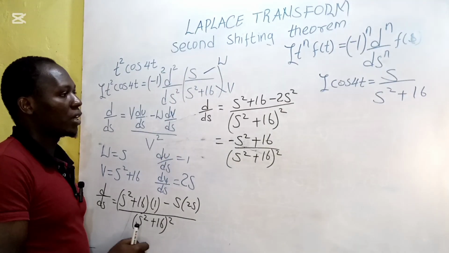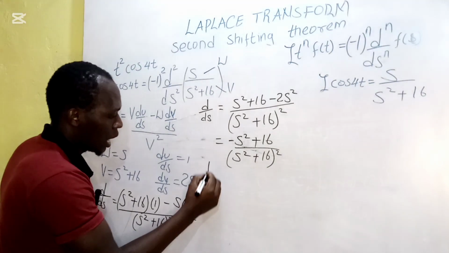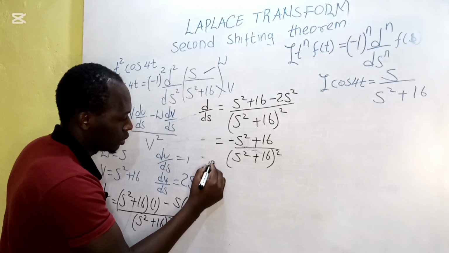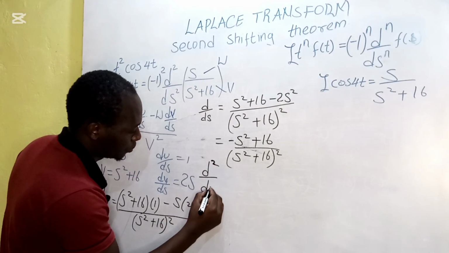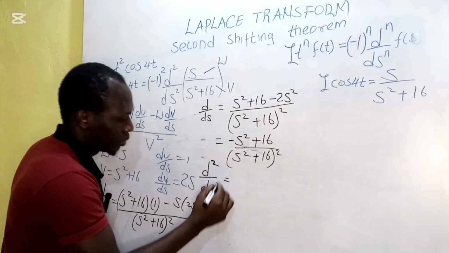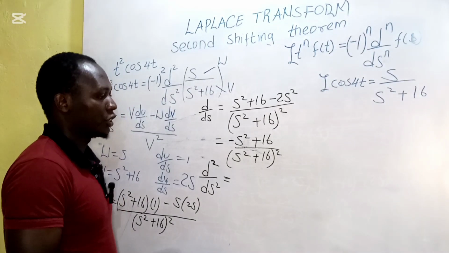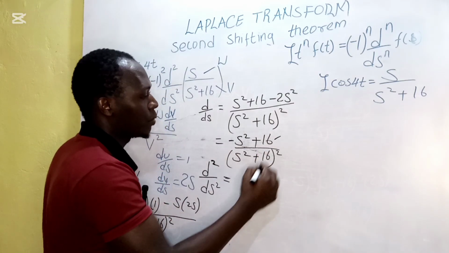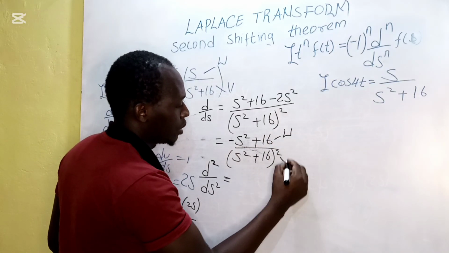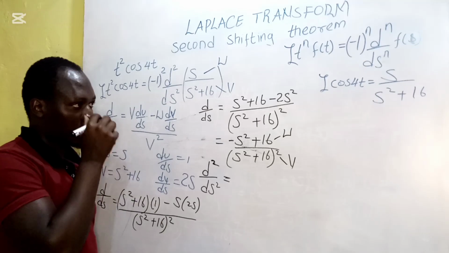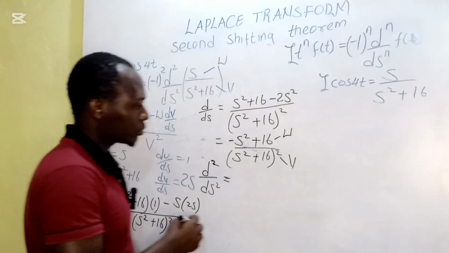Since it was d squared, now let us get into our second differential. It is more of a successive differential, where here now we are going to have our u, and here now we are going to have our term of v.